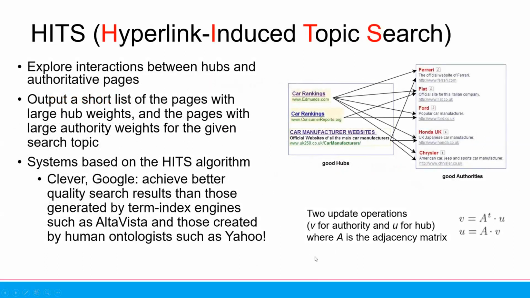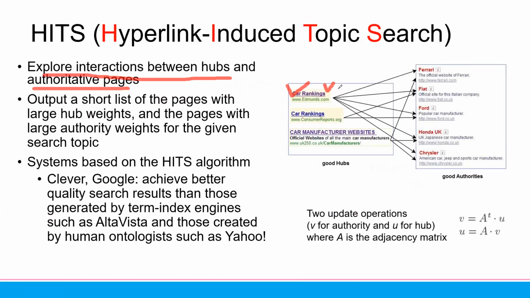So we can try to figure out this kind of hyperlink using HITS, hyperlink induced topic search. We can explore the interaction between hubs and authoritative pages. For example, I have the website car rankings, because they are the company who wants to know which car is the most popular in the world.